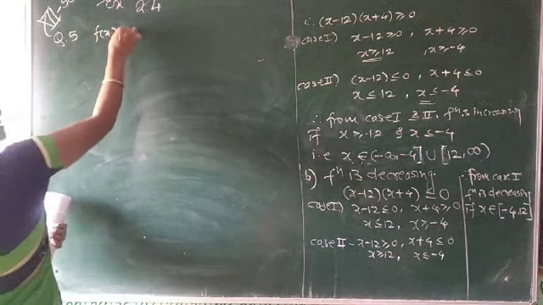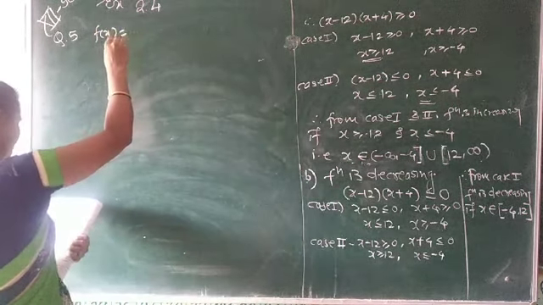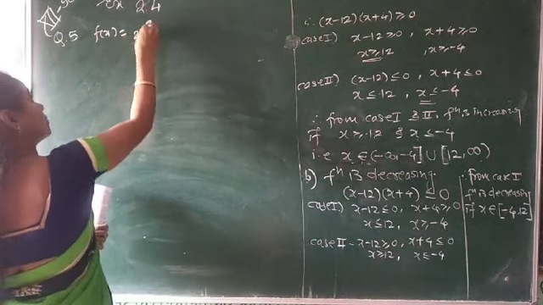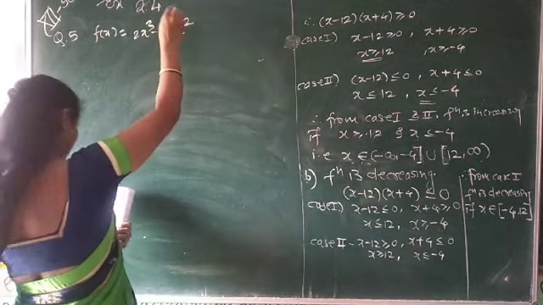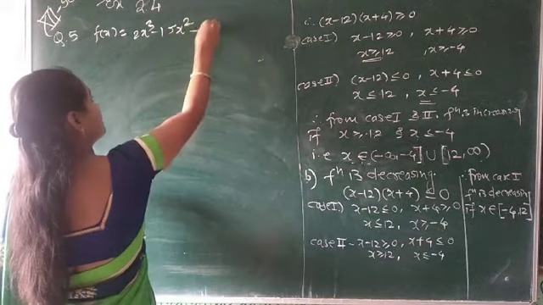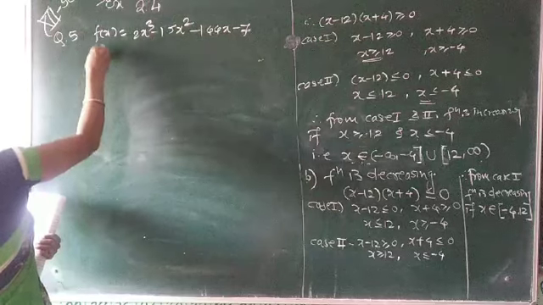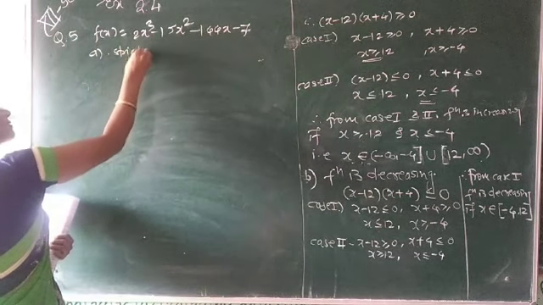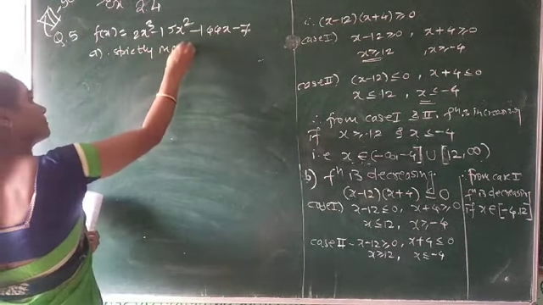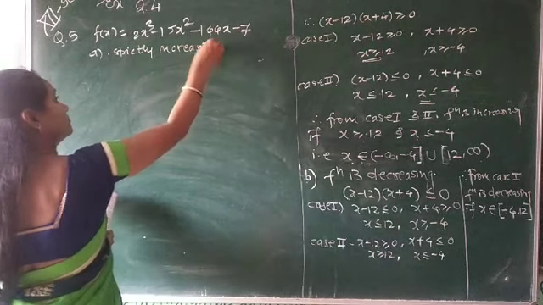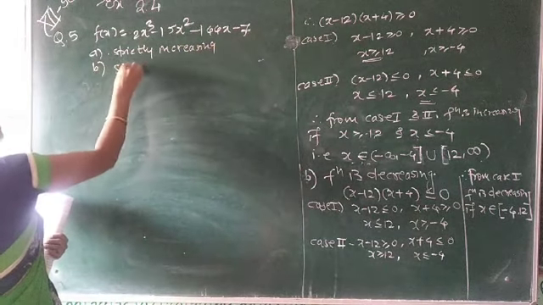f of x is equal to 2x cube minus 15x square minus 144x minus 7. First, A, strictly increasing and B, strictly decreasing.